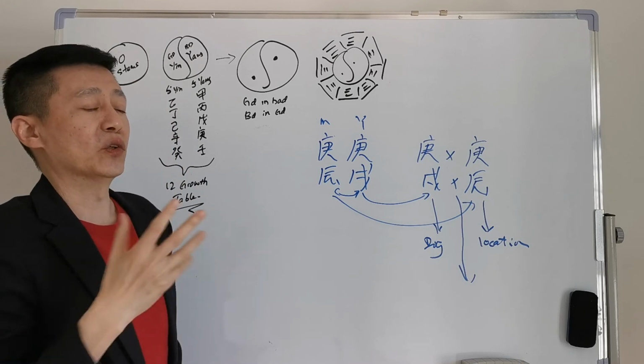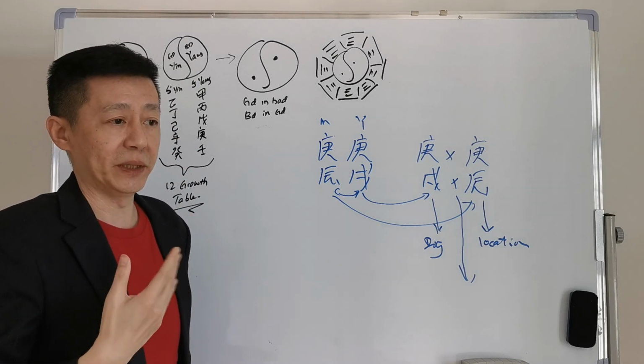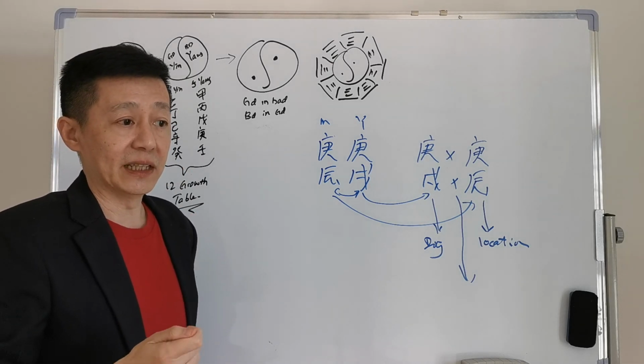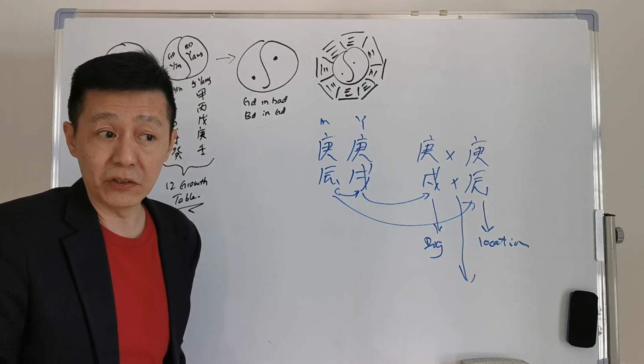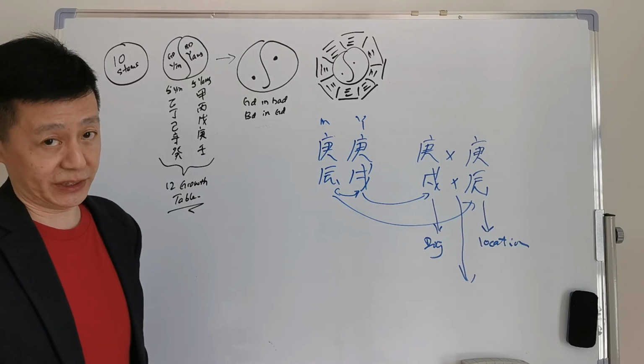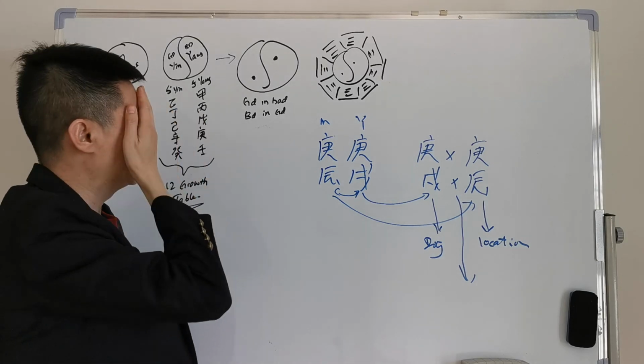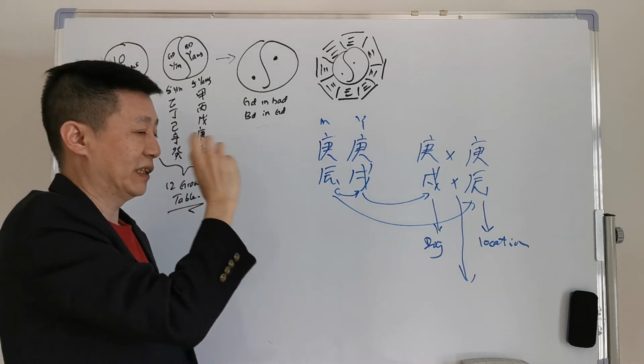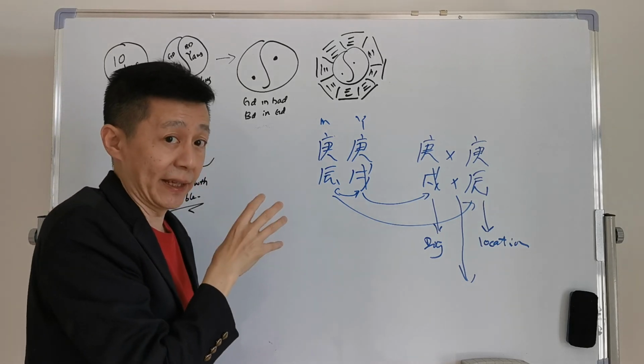So if you have understood all this, then you go into my actual course, which is in the video. Then when you go into the heavenly stems, oh my God, your mind is going to blow up. It's even more interesting. So you must always understand the nature aspect.